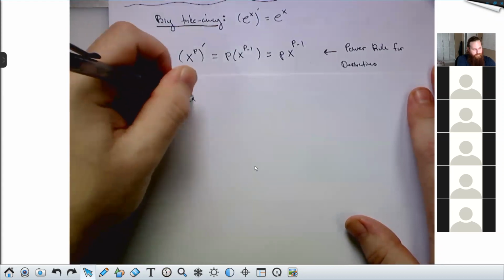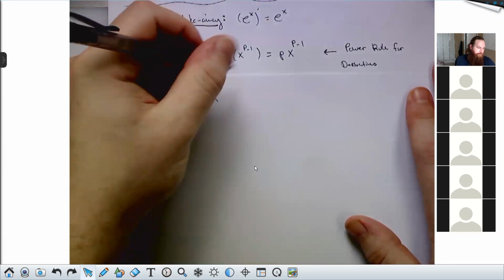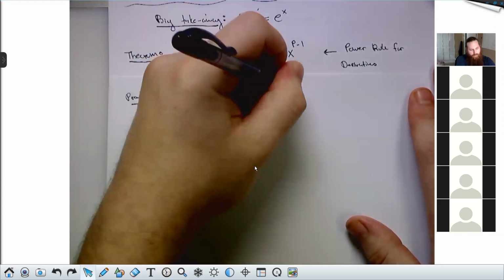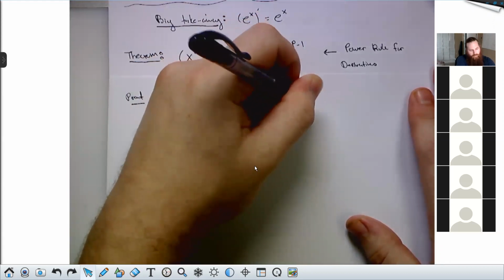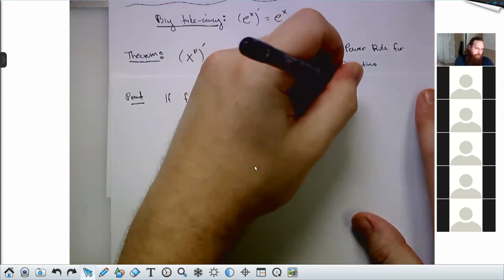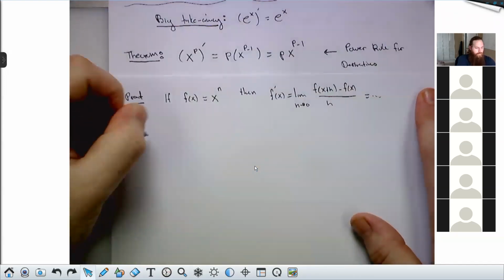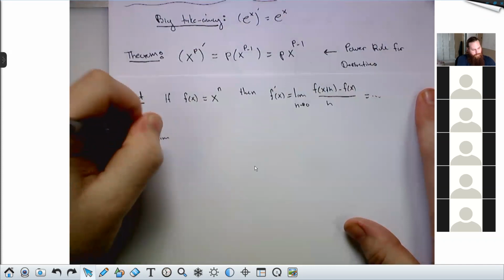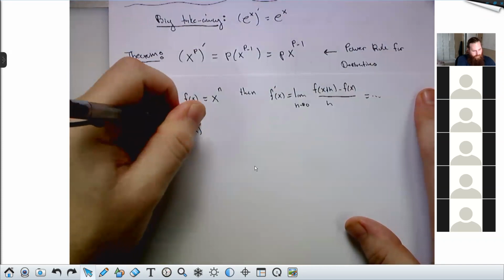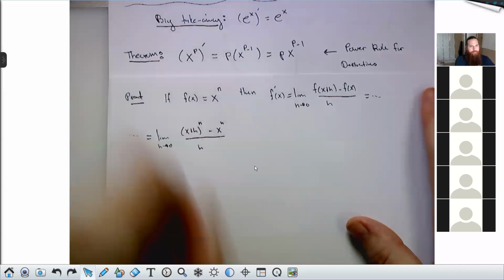If f of x is x to the n, then f prime of x is the limit as h goes to 0 of (f of x plus h minus f of x) all over h, which is the limit as h goes to 0 of ((x plus h) to the n minus x to the n) over h.